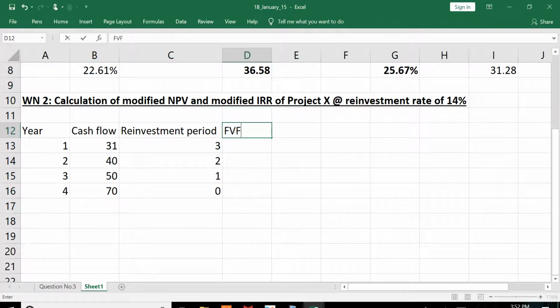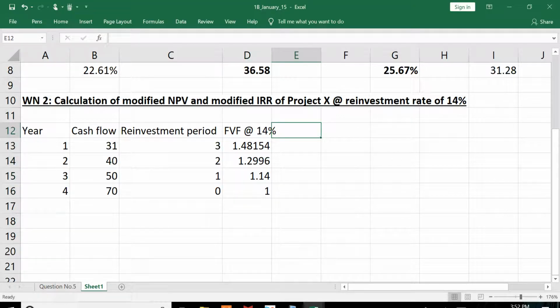You will have something called future value factor at 14% because our reinvestment rate is 14%. 1.14 power 3, power 2, power 1, power 0. These are the numbers I'll get.